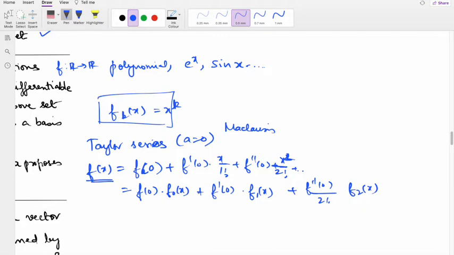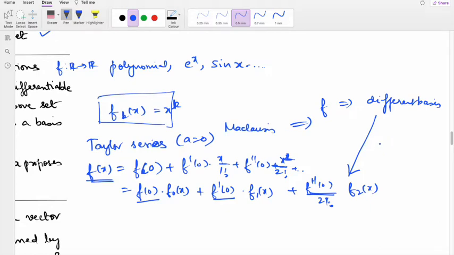So basically I'm representing f of x as a linear combination of all of these vectors fk of x, and the coefficients are basically its derivatives at 0 divided by the factorial of the power. So your Taylor series is basically just looking at a function f in a different basis, where the basis is defined by x, x squared, and so on.